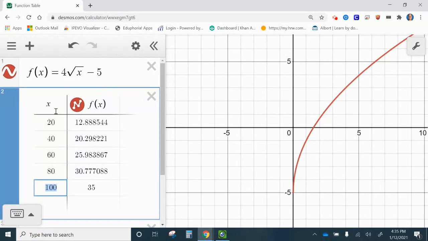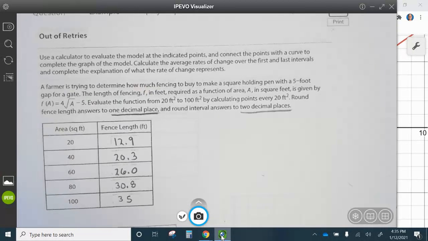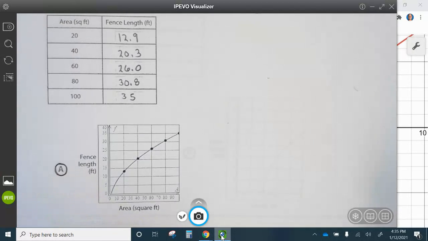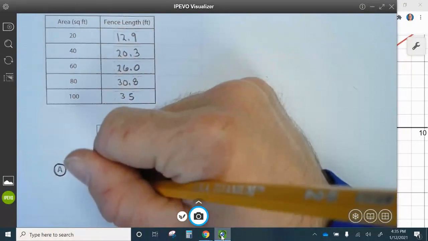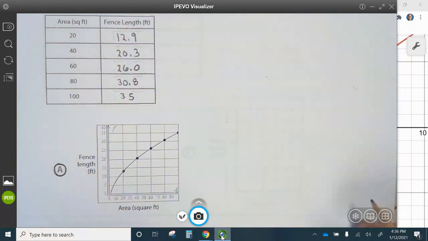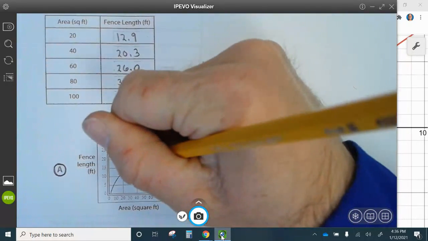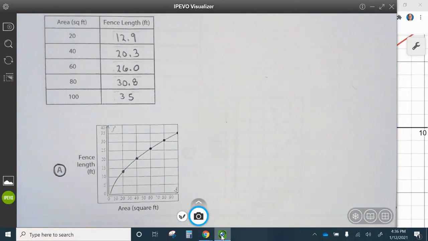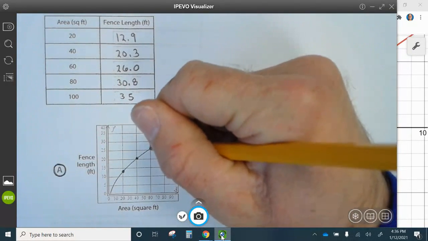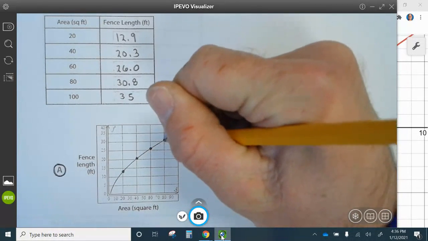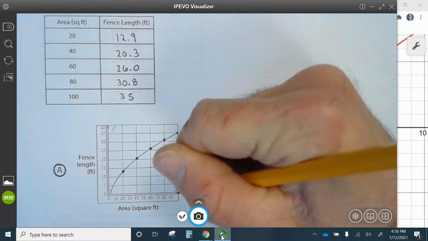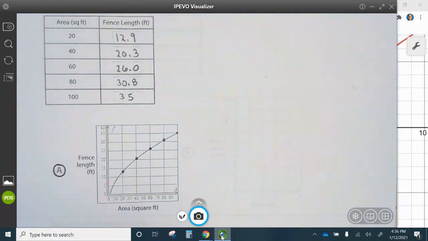So let's graph those. 20, 12.9 is right there. 40, 20.3 is right there. 60, 26 is right there. 80, 30.8 is right there. And then 100 is 35.